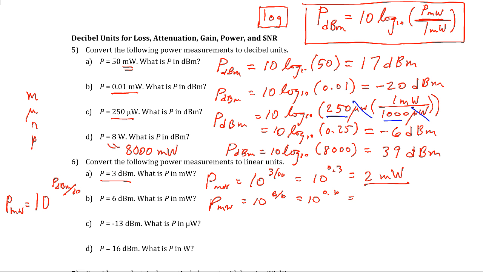I'm going to use the 10 to the button here, and I get 3.98. I'm going to call this 4. Here I've doubled again on the linear scale, and I've added 3 on the decibel scale.